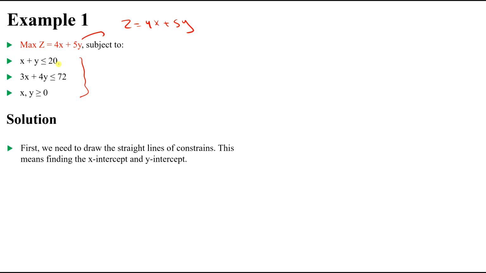The first step is to convert each constraint inequality into an equality. So x plus y less than or equal to 20 becomes x plus y equals 20. 3x plus 4y less than or equal to 72 becomes 3x plus 4y equals 72. And finally, x and y greater than or equal to 0.